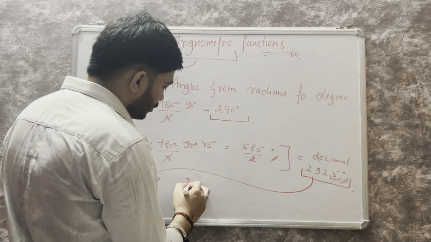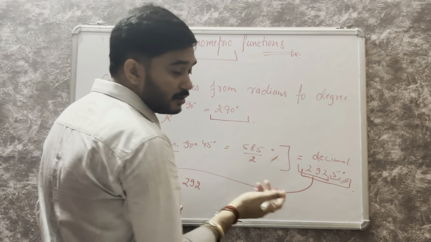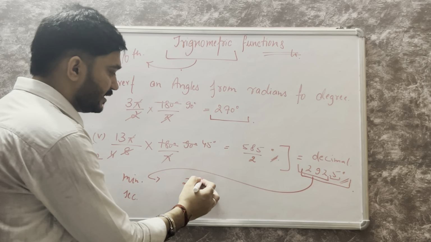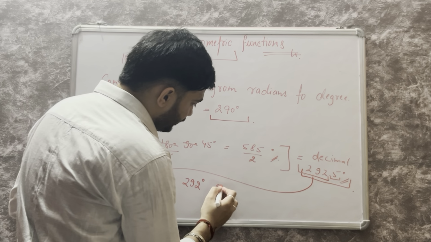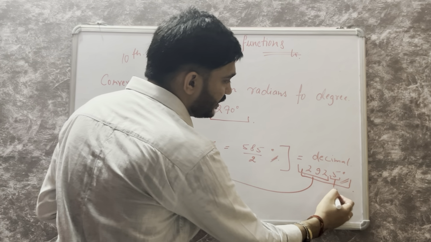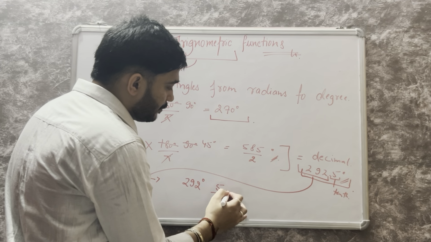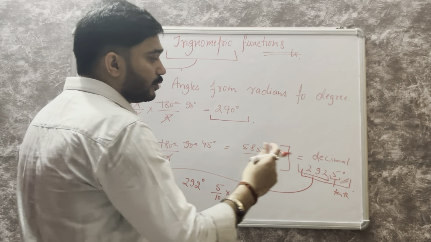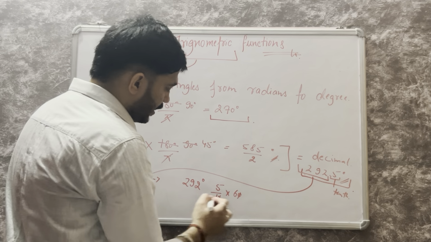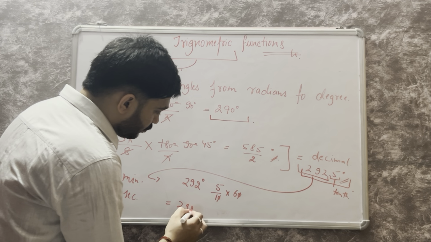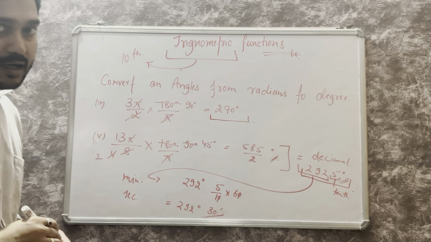We are going to write 292, the number in front of the point, as it is in degrees, and after the point, that is 5, since it is in the tenth position, divide the number by 10 and multiply it by 60, because we are going to convert this into minutes. So 0 is cut down and we will get 292 degrees and 30 minutes as the answer. Any doubts?